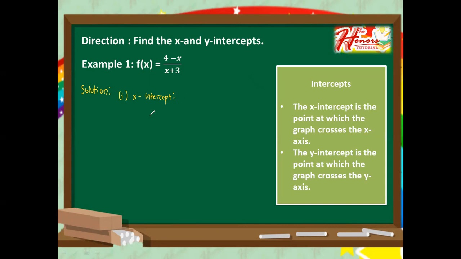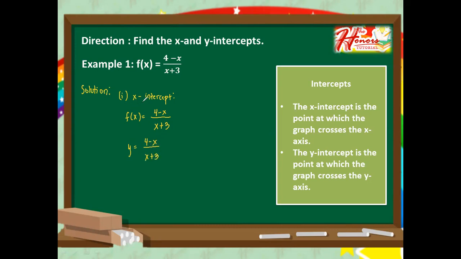By the way, let's write the given first, and that is f of x is equal to 4 minus x over x plus 3. Then we have to convert this. f of x can also be written as y. So we have here y equals 4 minus x over x plus 3.